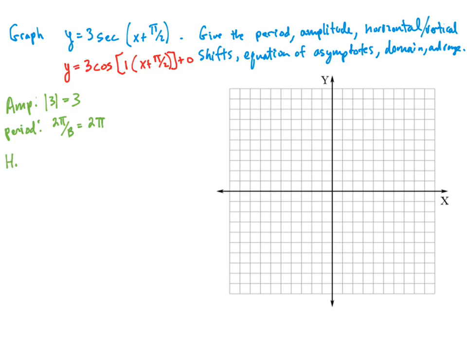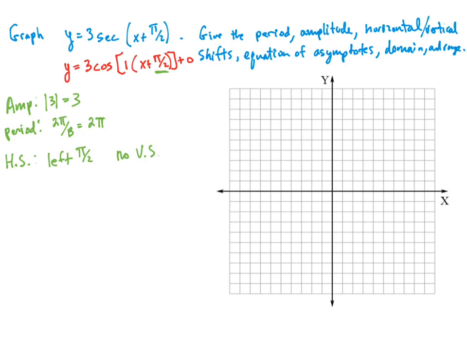For a horizontal shift, we are moving left pi over 2 units, and there's no vertical shift. And then we'll come up with the equation of the asymptotes, the domain and range, after we graph this.